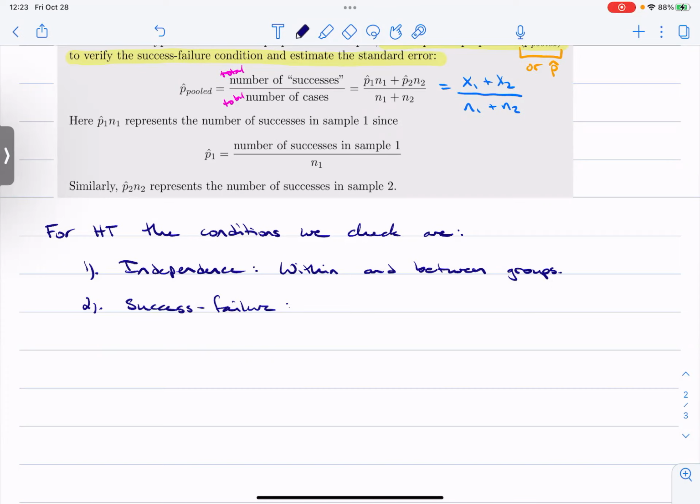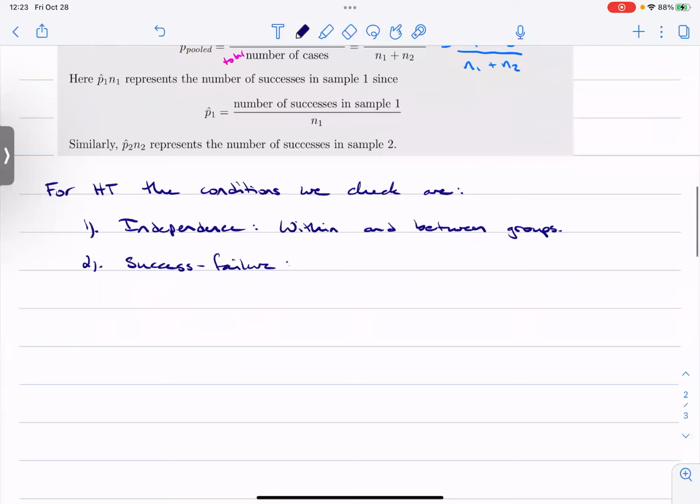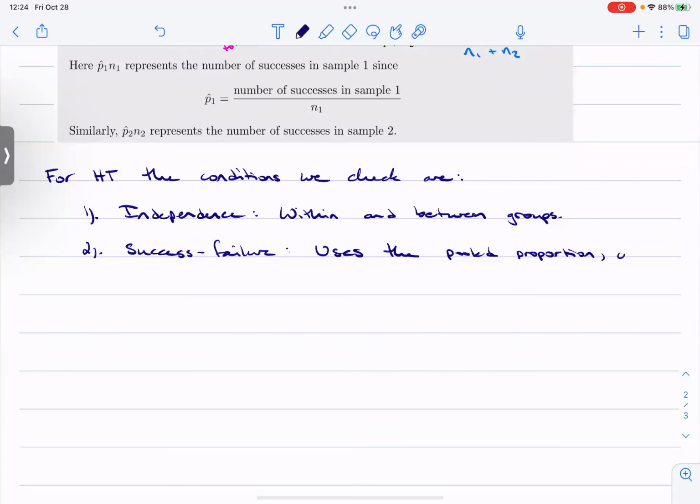And now we're going to use the pooled proportion. So the success failure condition uses the pooled proportion. And we need to check both sample sizes.